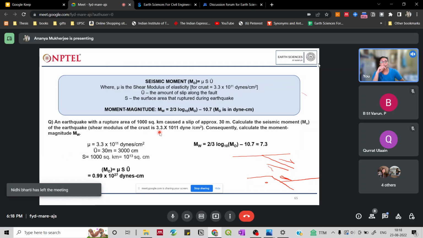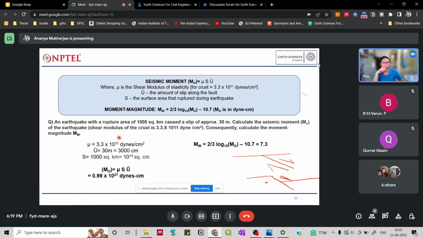Suppose you are given the area of the ruptured place due to the earthquake, and you are also given the slip that has been calculated on site. Then what would have been the seismic moment created by the earthquake?